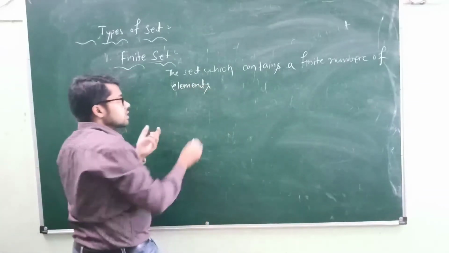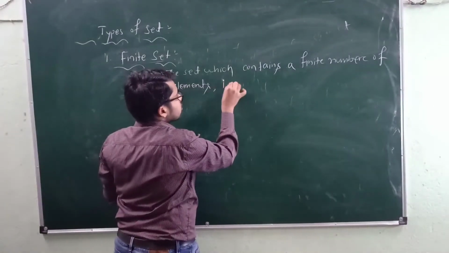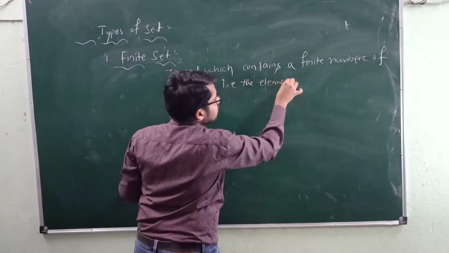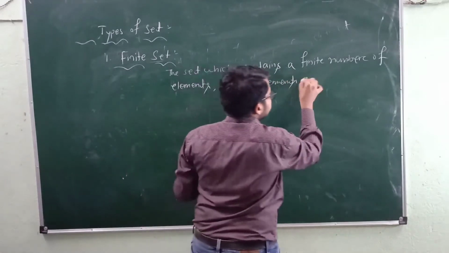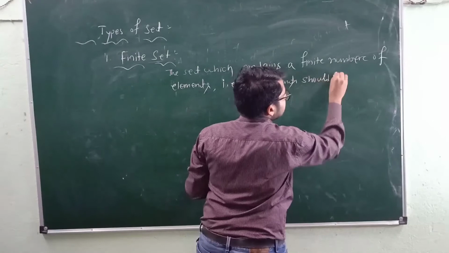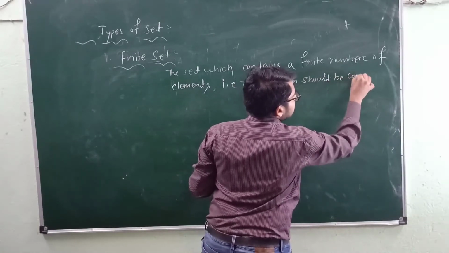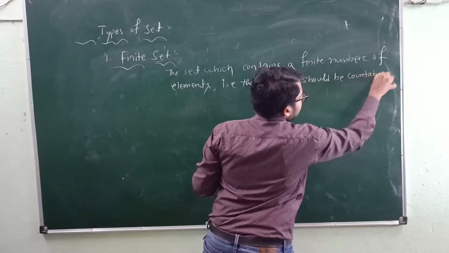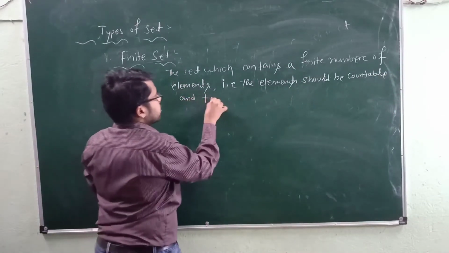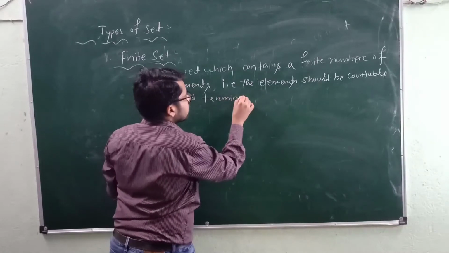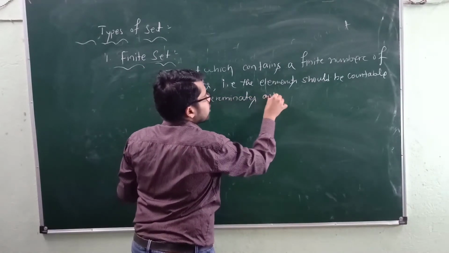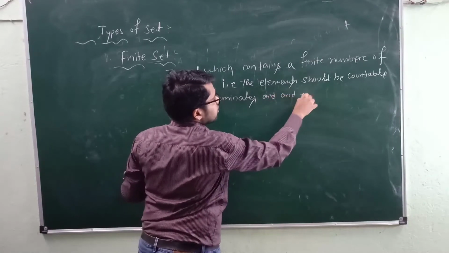Finite number of elements means that the elements should be countable and terminate at an end.